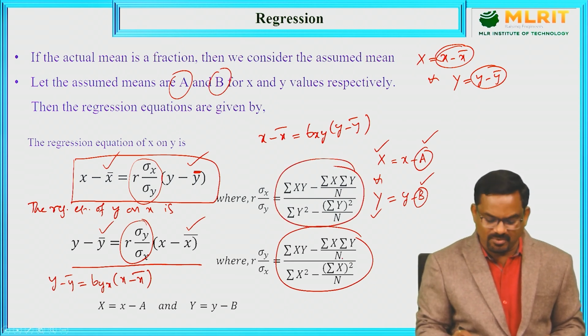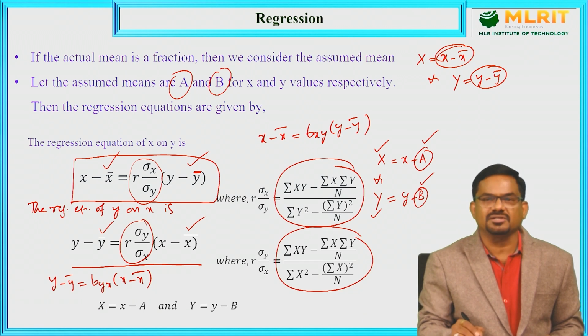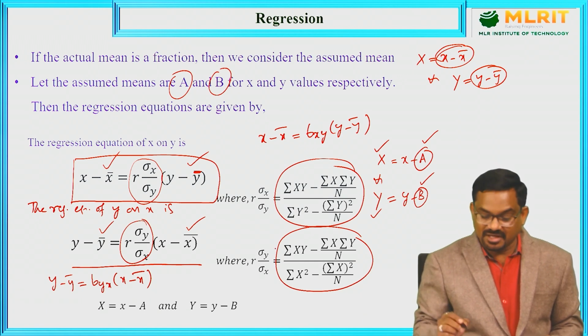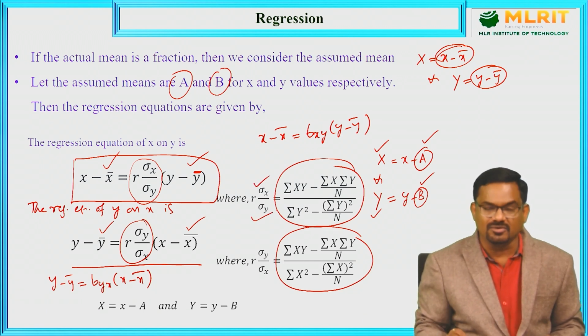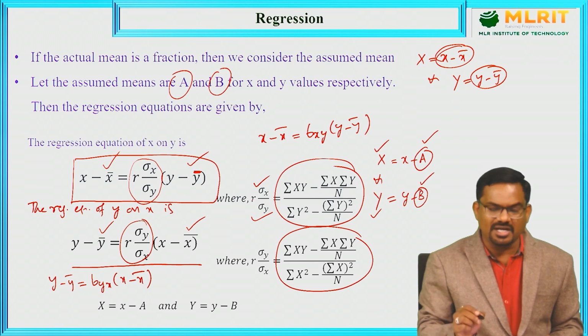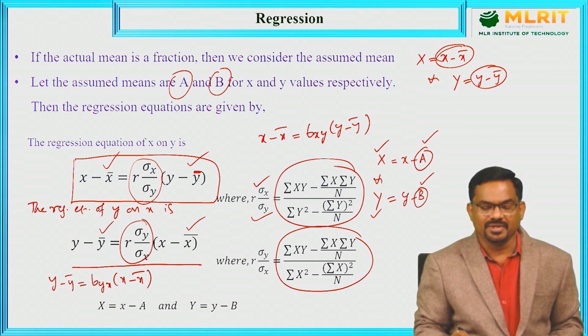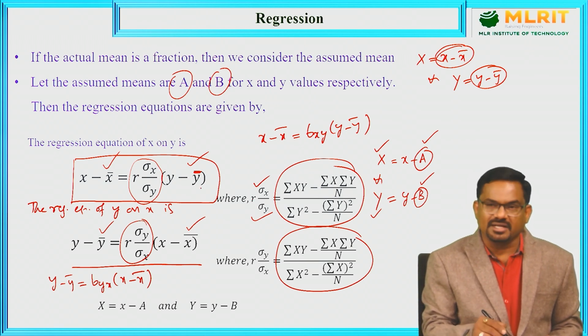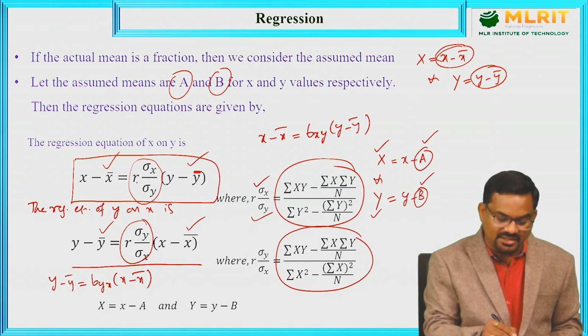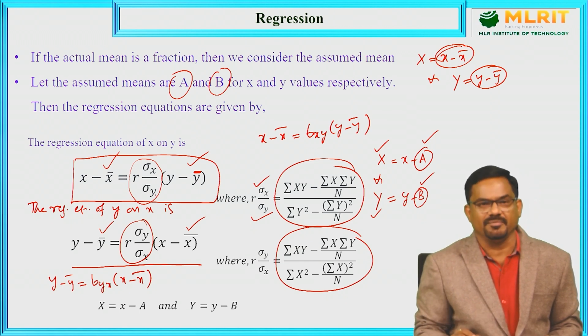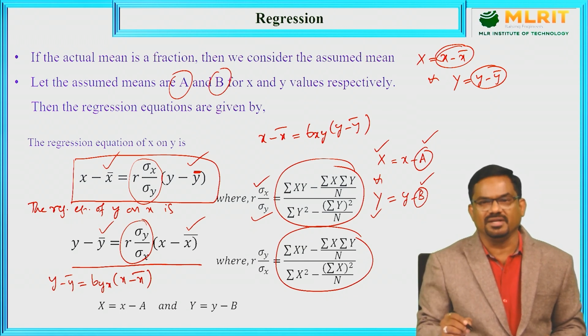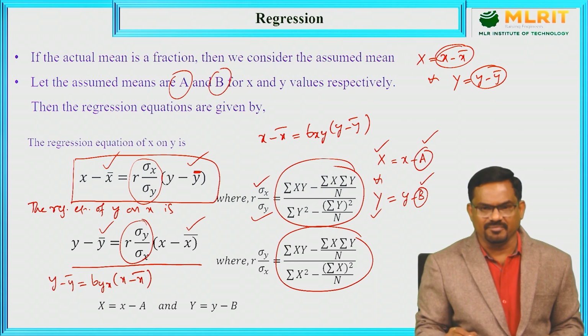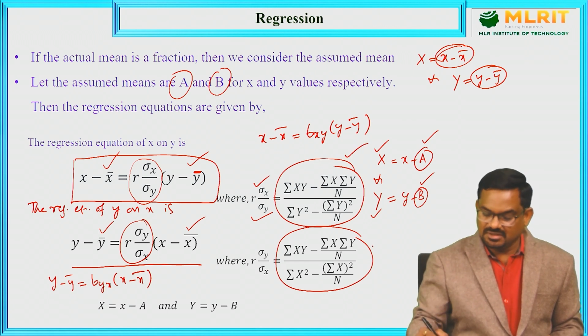Sometimes in some problems the standard deviations of x and y will be given. That means sigma x, sigma y values will be given, and the correlation coefficient r also will be given. Then to find the regression coefficient, we simply calculate r into sigma x by sigma y. But if the values of x and y are given, then we use this formula.